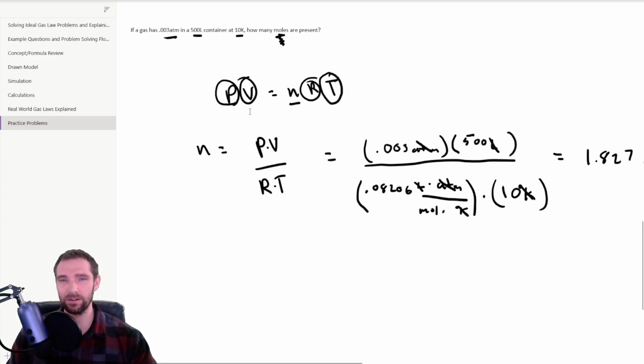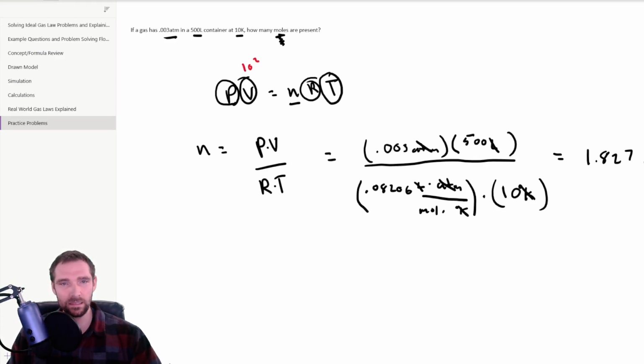So I know that my final answer for P times V should be around 1-ish. And then I know this is 10 up to the -1, -2, and 10 up to 1. So you can see this is going to be 10 up to the -2 for my magnitudes.